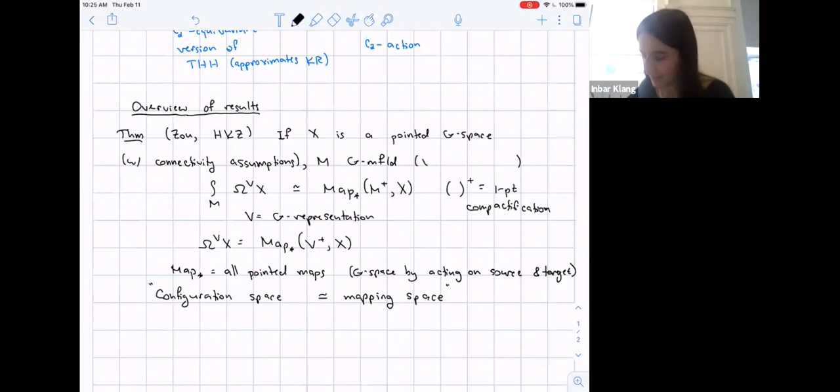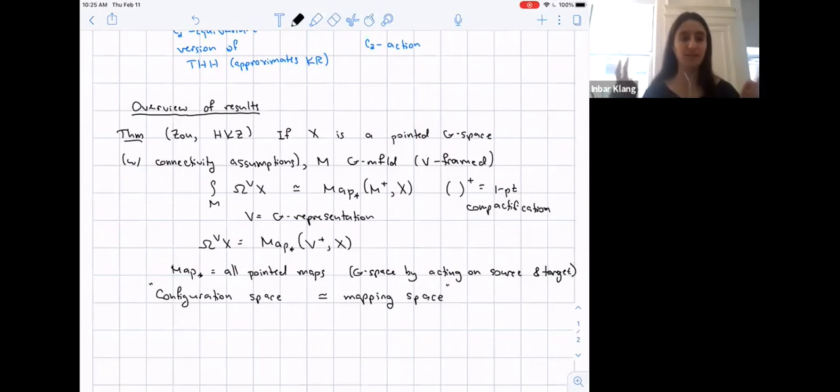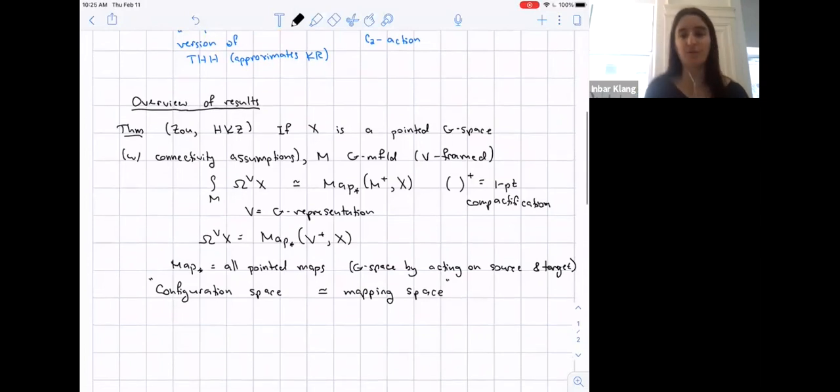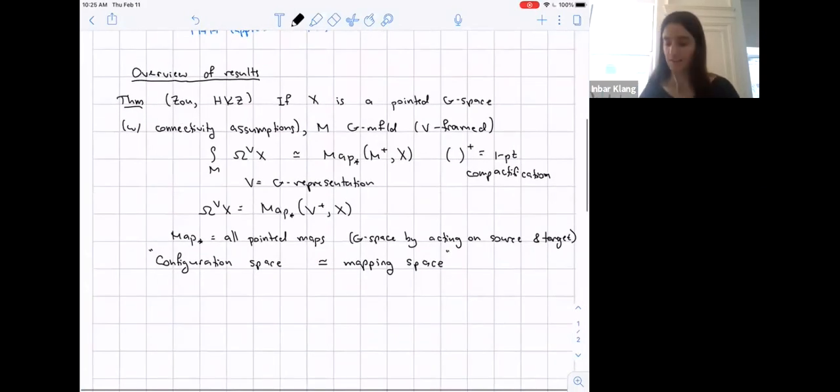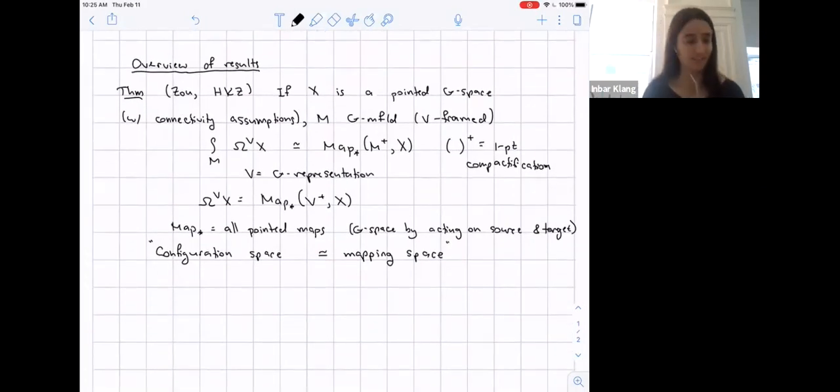The precise assumption on M is that we'll want it to be V-framed, so its tangent bundle is a trivial bundle and the fiber is the representation V. So for this theorem, M is modeled on V, and this is why we get this kind of equivalence. So that's this theorem.